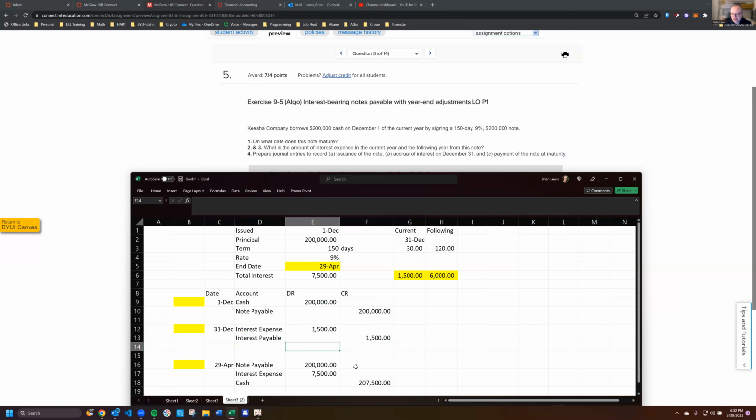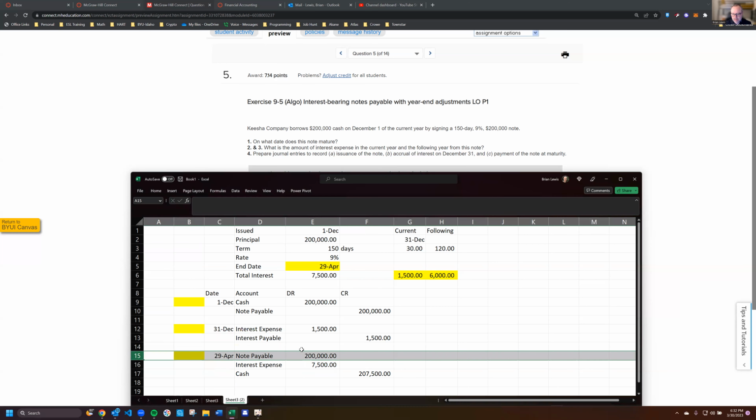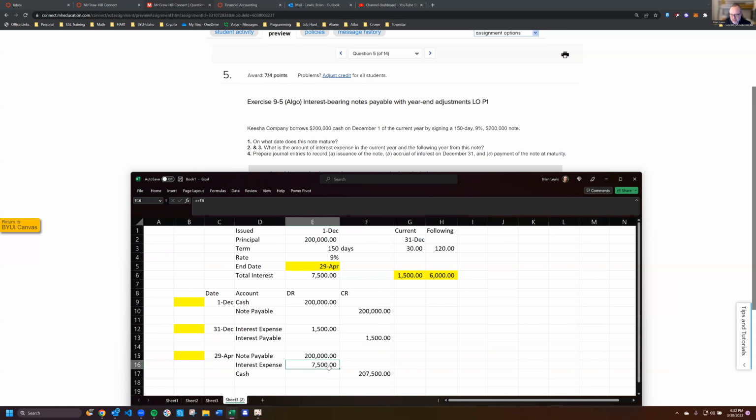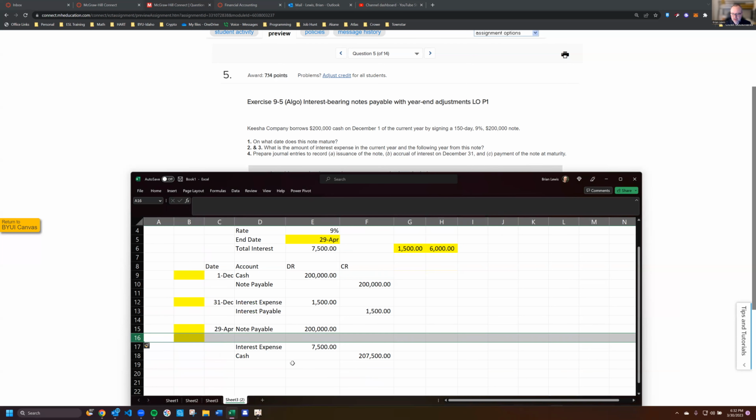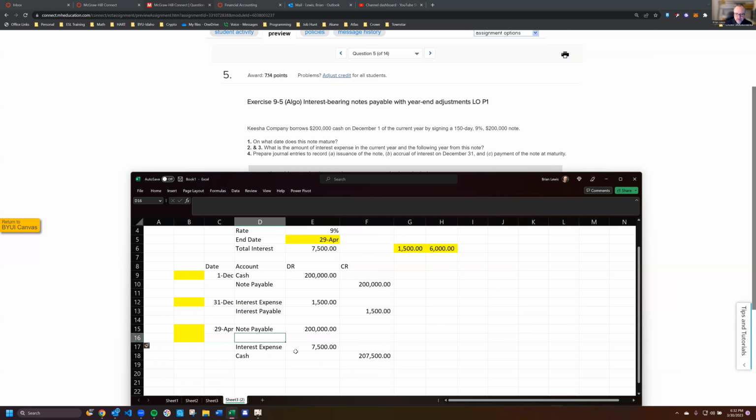And then when we actually go to pay it, this is going to be a little interesting. Okay, so, and payment of the note at maturity. So we know the $200,000 is still there. We know that there's still cash, total cash of this amount, but we're going to have to break this interest expense up between the payable that's already recorded, and that's this amount, right?